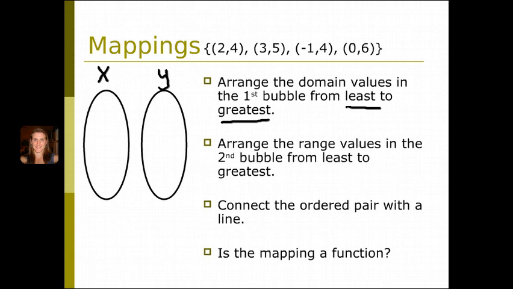Okay, so let's work on our x values first. Our smallest x value is -1. So we've got to put -1 in there. Now we've used it and we can remove it. The next would be 0, then 2, and 3.